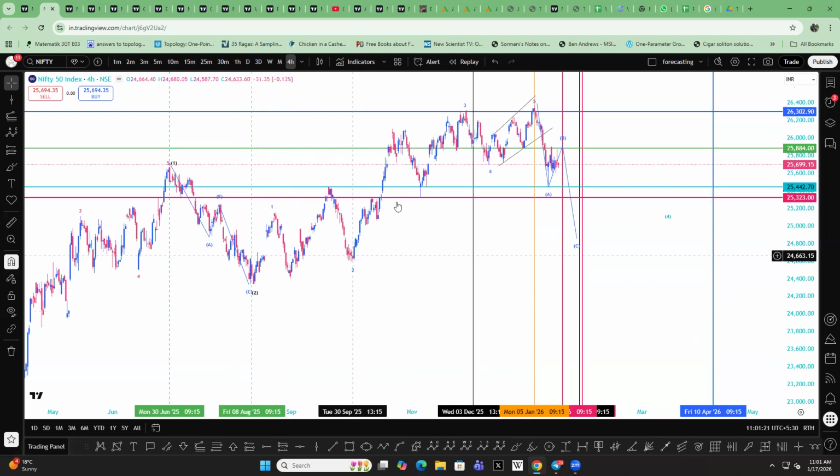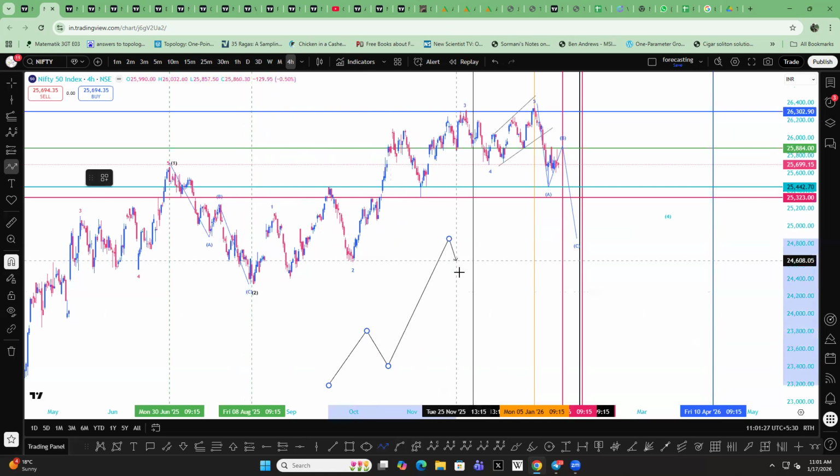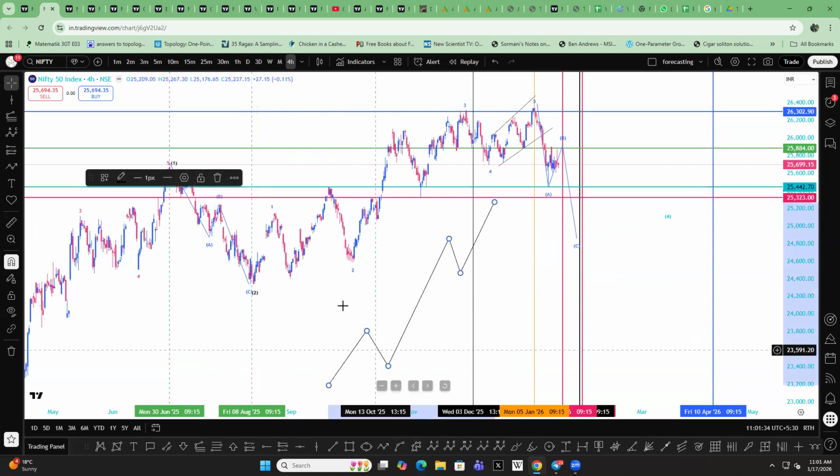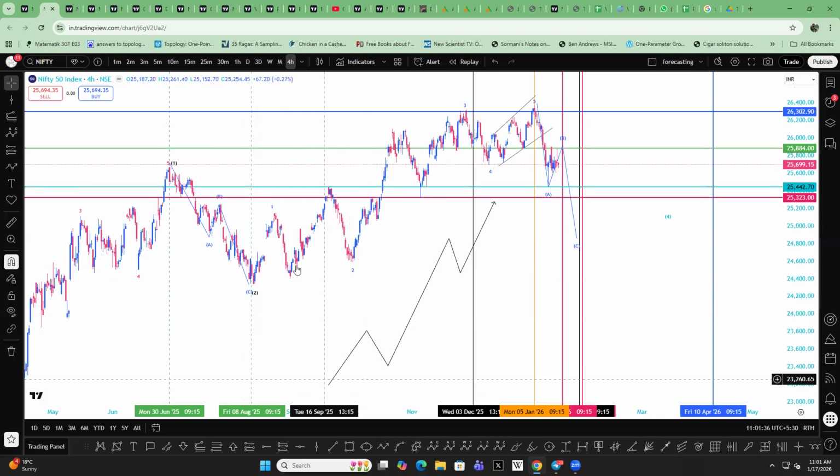Okay, this is the first probability, that from here we have started wave 3. So this wave 3 again will be a 5 wave move, right? 1, 2, 3, 4, 5. So we are in wave 1 of 3.